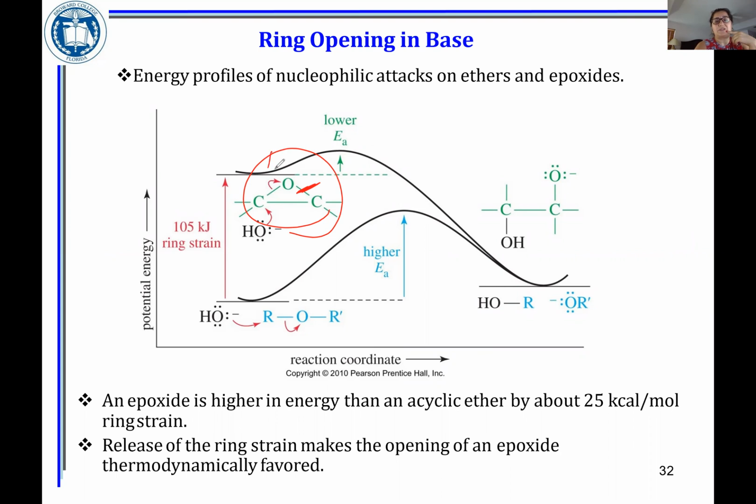The activation energy for this is much lower compared to the acyclic ether. So that's basically what is being compared. It's going to be faster. Please let me know if you have any questions for me.